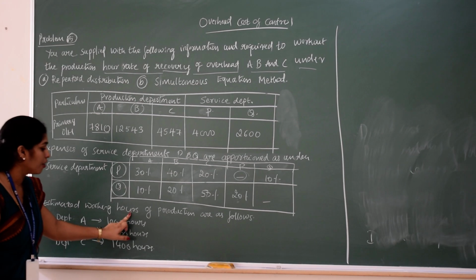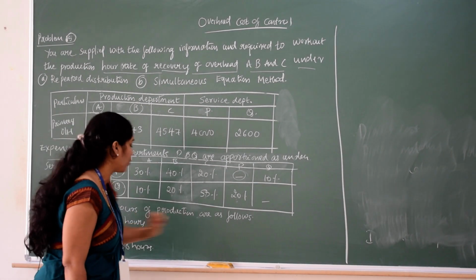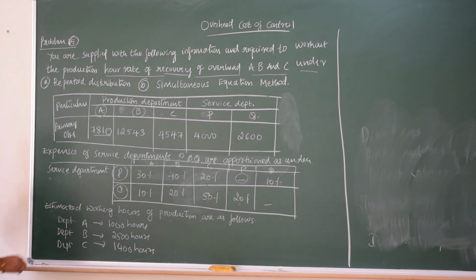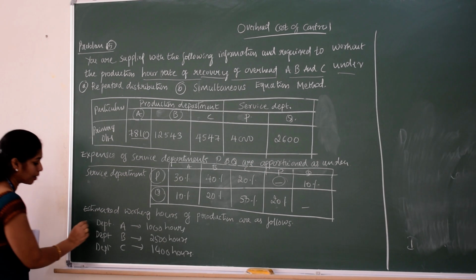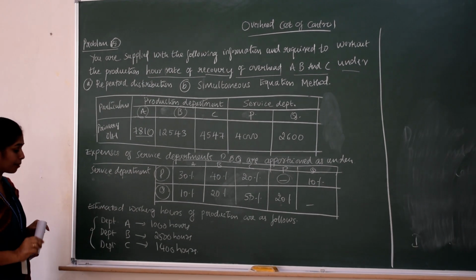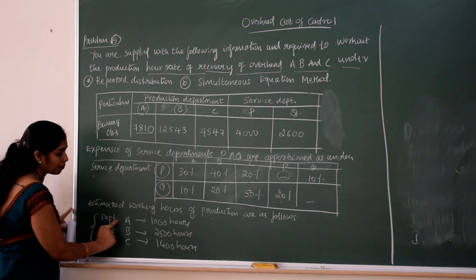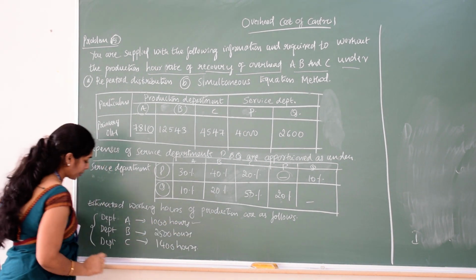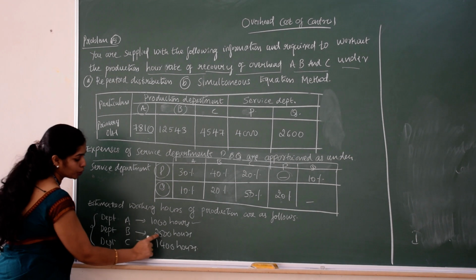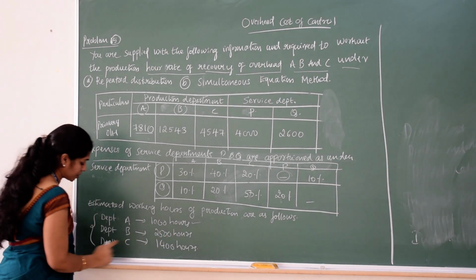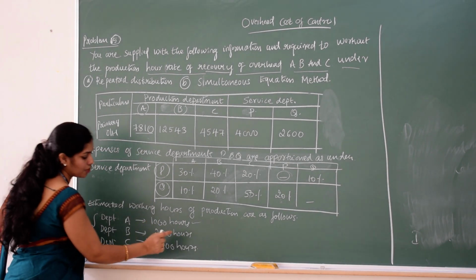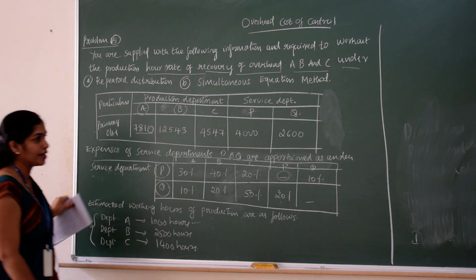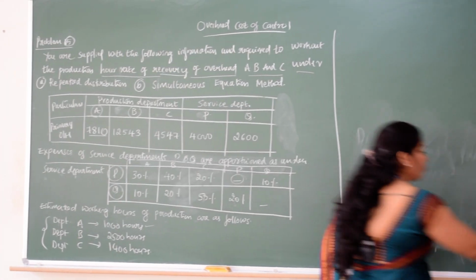Another adjustment is given. Estimated working hours for production are as follows: production department A 1000 hours, department B 2500 hours and department C 1400 hours. So let us start the problem.